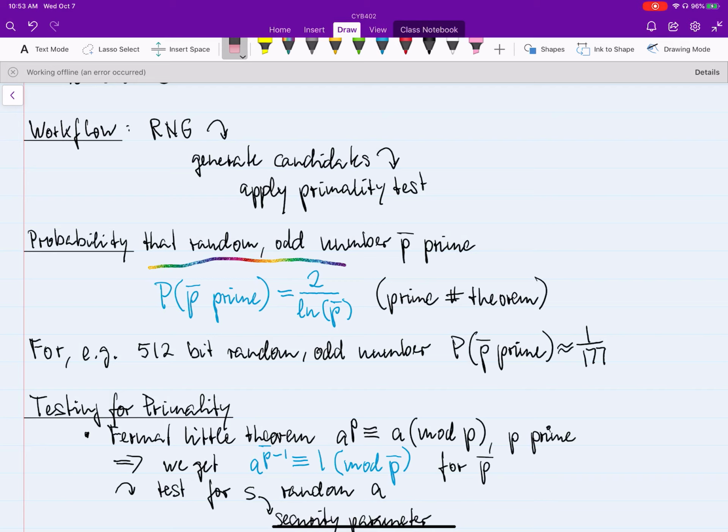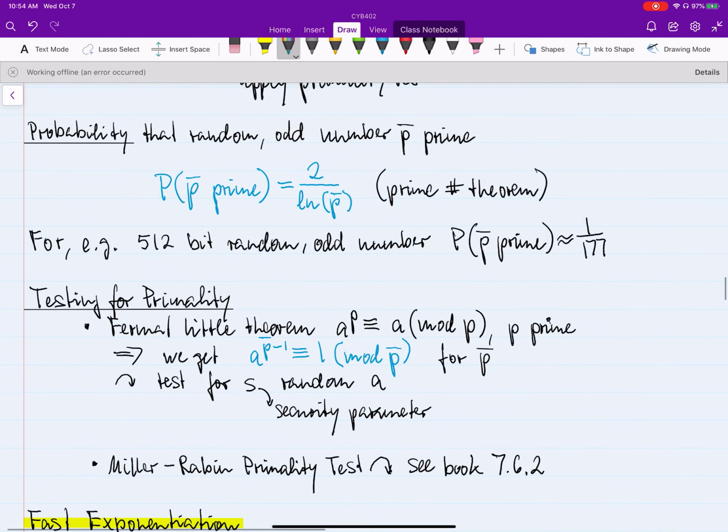So 177 trials, trying 177 numbers on average, in order to find a prime number at that size. And as I said, because we have the natural logarithm here, if you increase P dash, the resulting expression grows relatively slowly. So we are not going to run out of prime numbers. That's what it actually means.